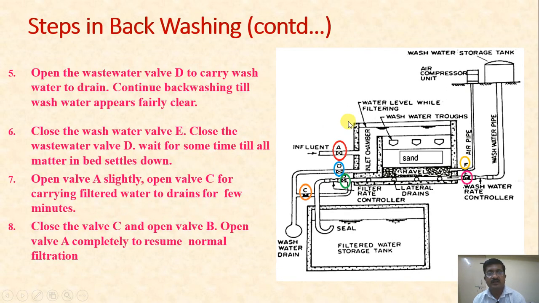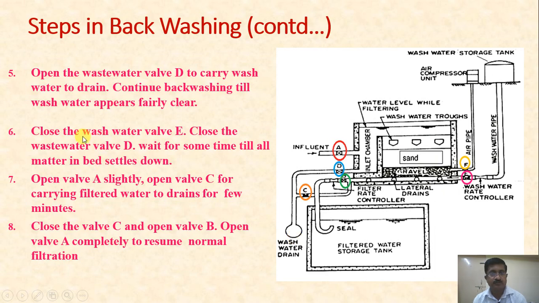Again continuing, open the wastewater valve D to carry wash water to the drain. Continue backwashing till the wash water appears fairly clear. Now open wastewater valve D. Where is the water? You can see this. Because of the turbulence given here, the wash water will come into the wash water trap, and this valve D is opened and the water is taken to the wash water drain.